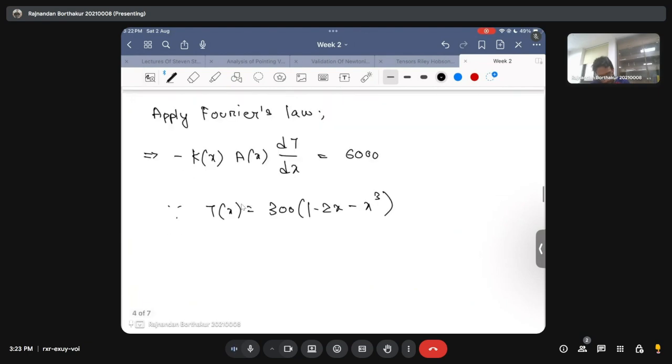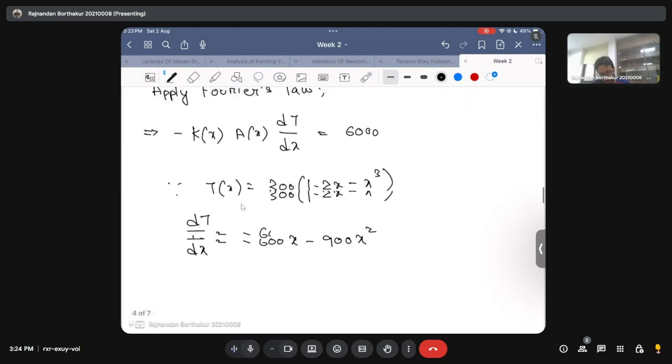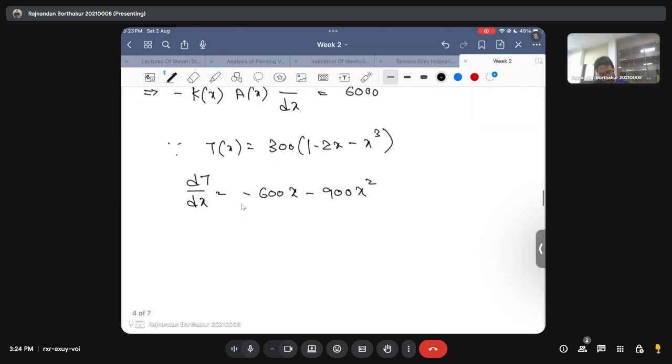That is your T, which means your dT/dx is just the derivative with respect to x. So it just becomes minus 600 x and minus 900 x squared. That's it. So this is your dT/dx, and of course your area is known.